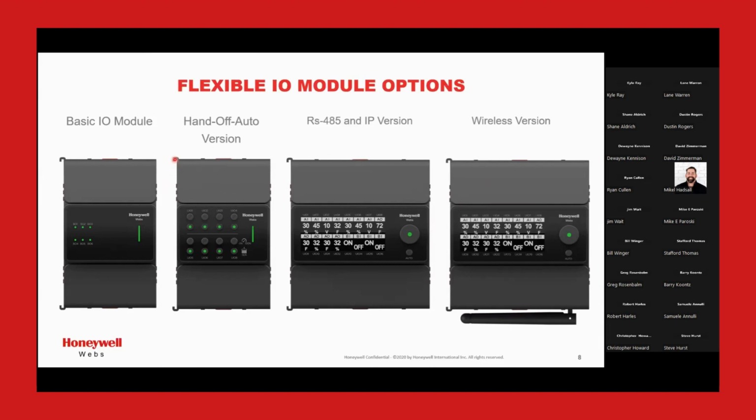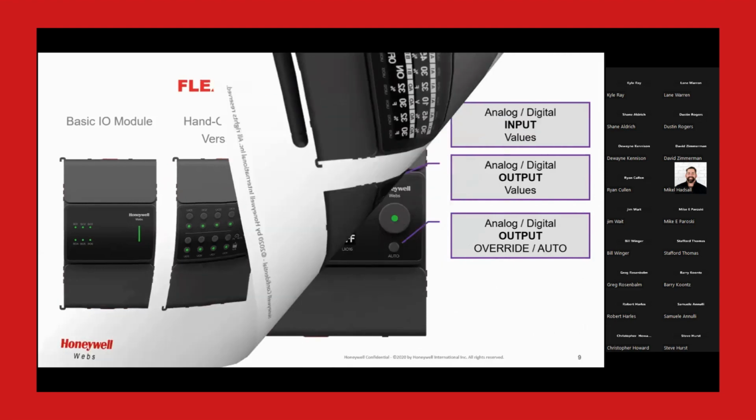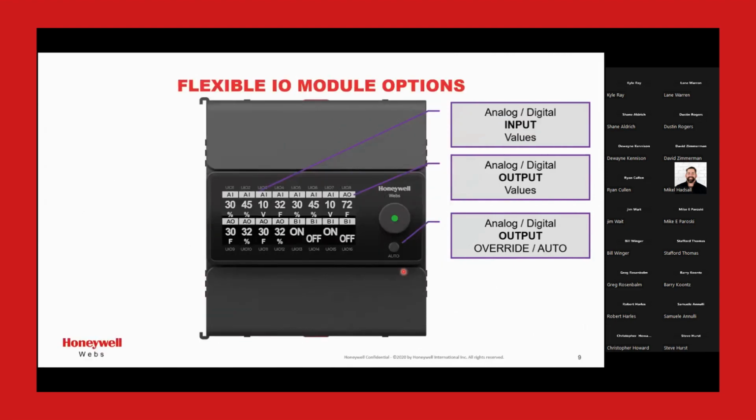And you'll note they all have little plastic tabs where they can physically connect to the optimizer to make it mechanically one large controller. The model with the display will allow you to not only control and do hand-off override over the output, you'll note that we can also read the input values. So you'll be able to see the I/O value right on the I/O module. Kind of cool.